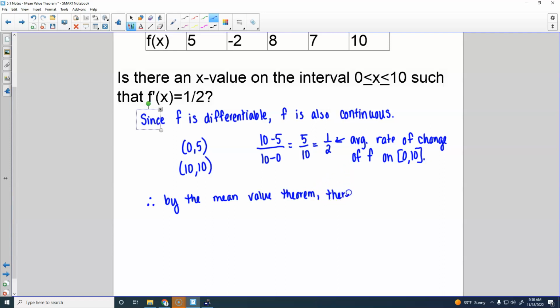There is an x value on the interval 0 less than or equal to x less than or equal to 10 such that f prime of x equals 1/2.